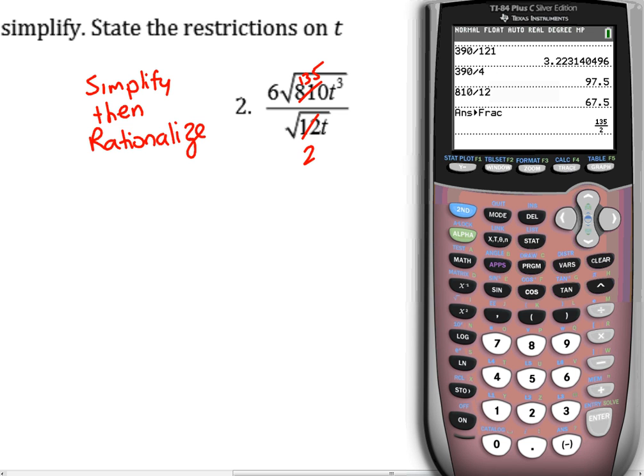What else can I simplify? The t's. T cubed divided by t is just going to be a t squared, and this t will be gone. So we're simplifying inside the radicals. So we're going to be left with 135 t squared divided by just root 2.